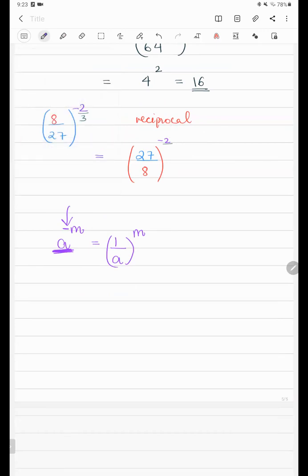Yes, ma'am. Right. Okay. Now what can we do after this? I'm sorry, the minus sign goes away, right? That's why we took a reciprocal in the first place. So what do we do next?